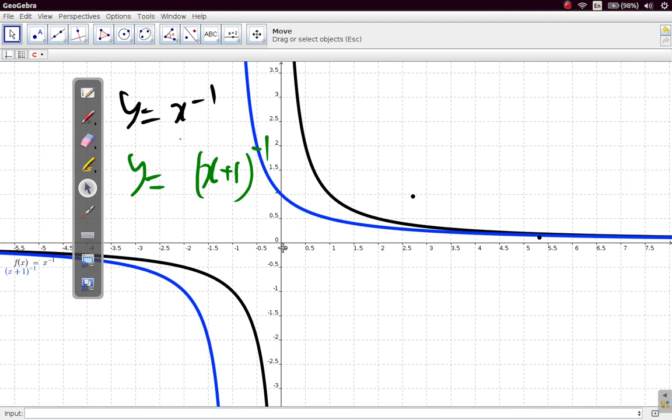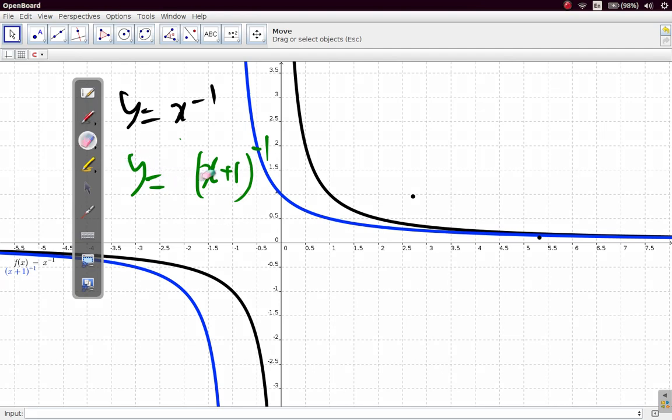Now what you have here is a movement to the left. Each point on x to the negative 1 is moved one place to the left. You can see that, right? Each point is moved one place to the left because you have x plus 1 to the negative 1 now.